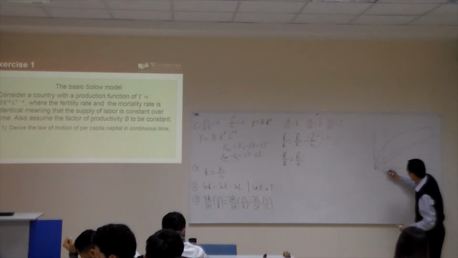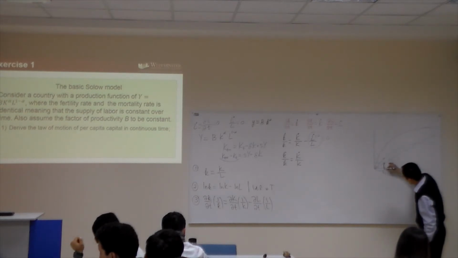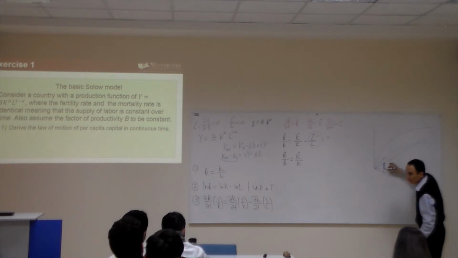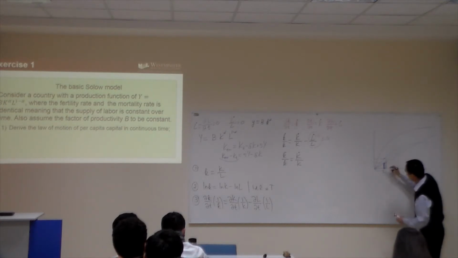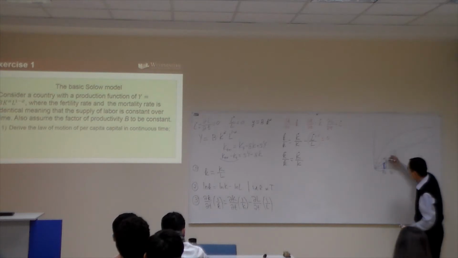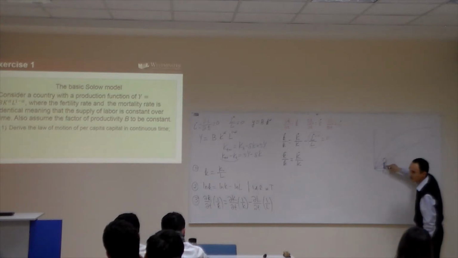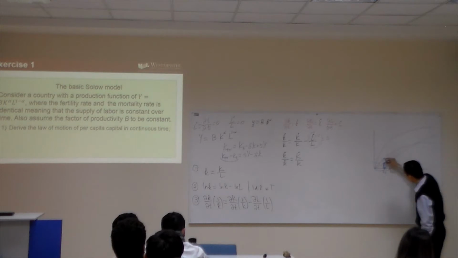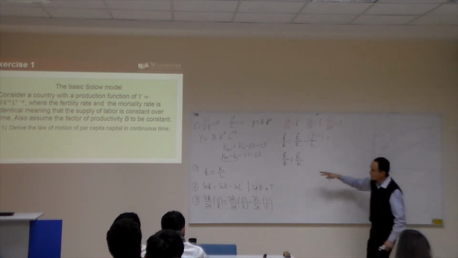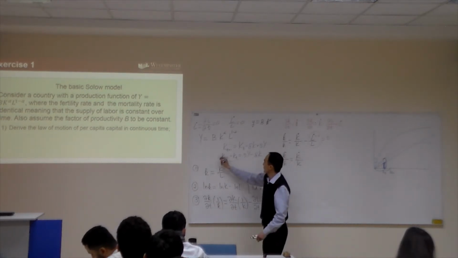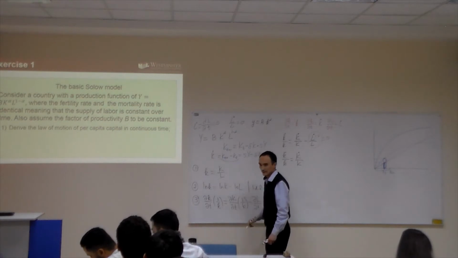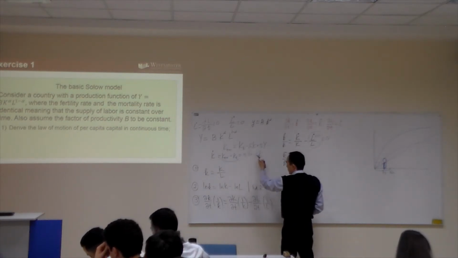Which means that this much of capital depreciated in 1 year, but this much was invested. Which means that this much of the investment was spent compensating that loss, and capital increased by this difference, investment minus depreciation. So next year it increased by this change, okay? So in other words, this is the change in capital. Change in capital is investment minus depreciation.